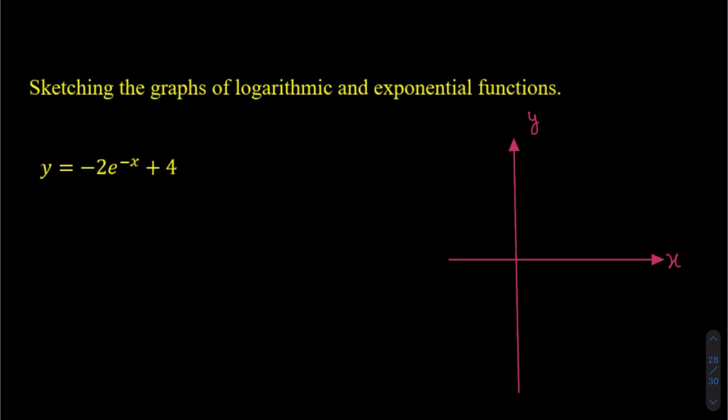So first of all, let's say x is equal to 0. Therefore, the value of y will be equal to negative 2 times e to the power of 0 plus 4, which in this case will be equal to 4 minus 2, because e to the power of 0 will be equal to 1. Okay, any number to the power of 0 is equal to 1. So here it will be 2.